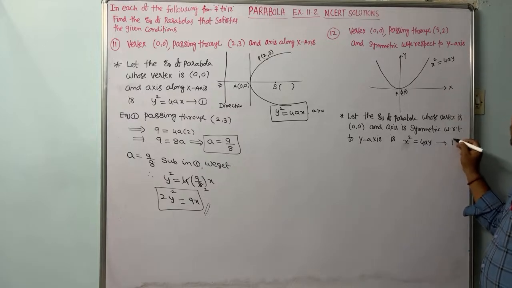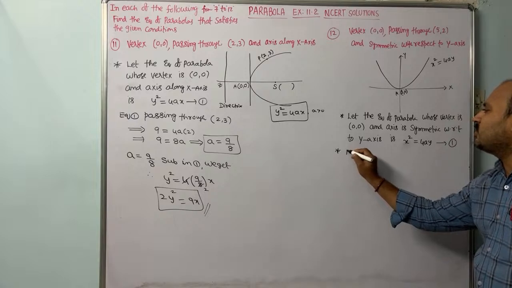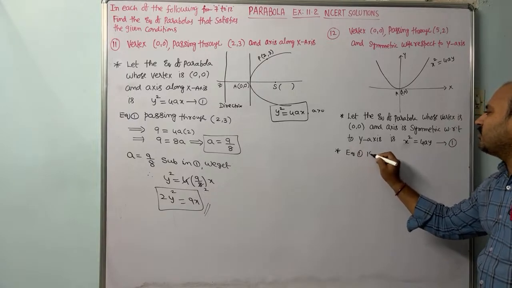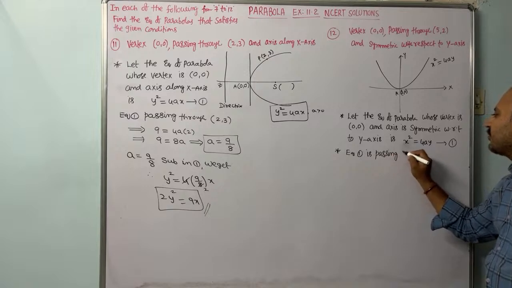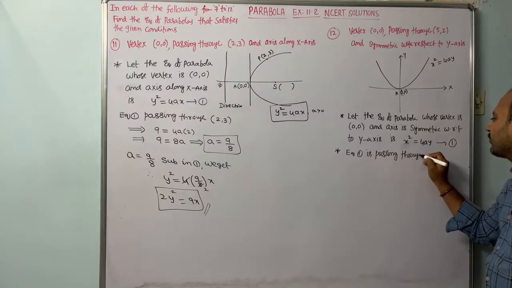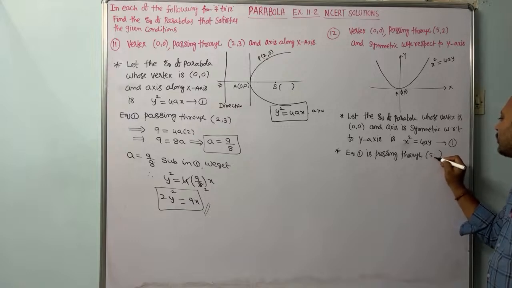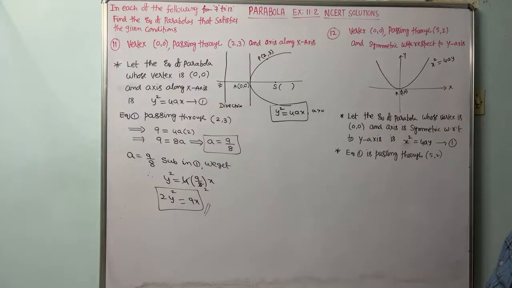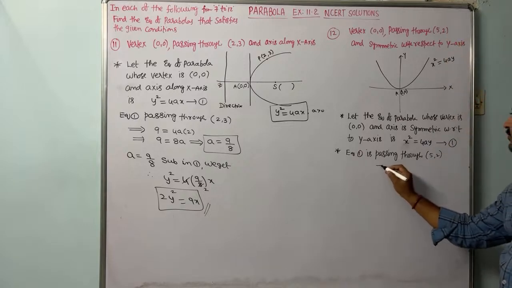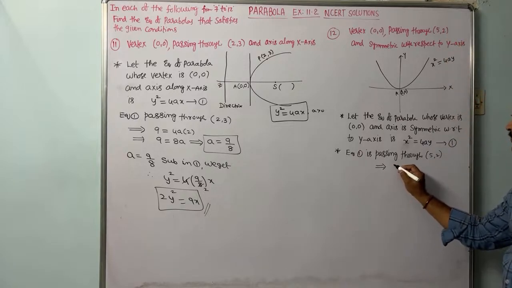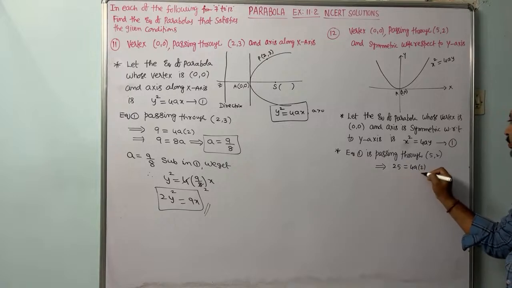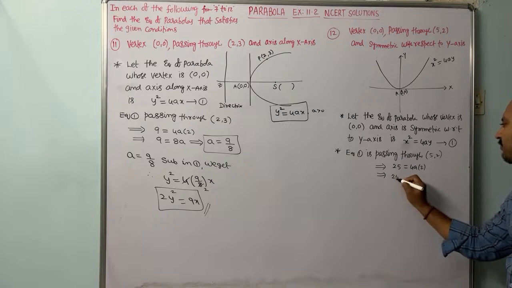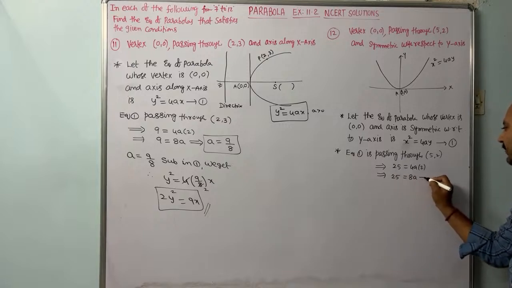So equation number 1. Equation 1 is passing through which point? Equation 1 is passing through 5 comma 2. So wherever x comma y is there, substitute 5 comma 2. So what comes here? x square means 25 equal to 4a into 2. So that implies 25 equal to 8a.